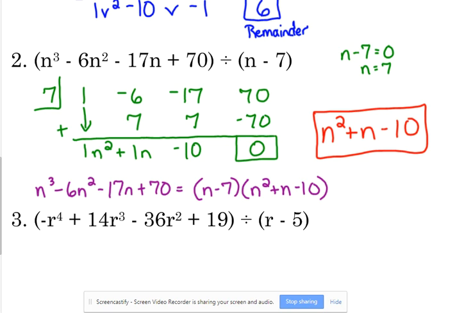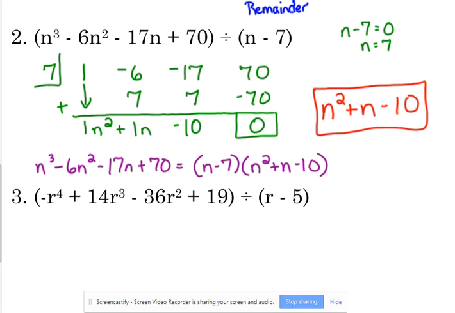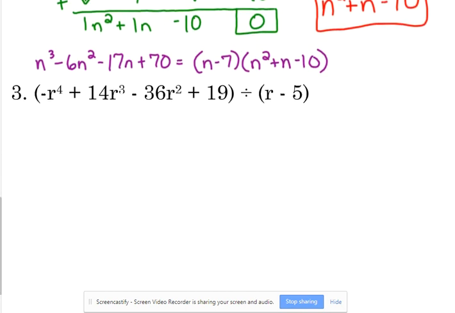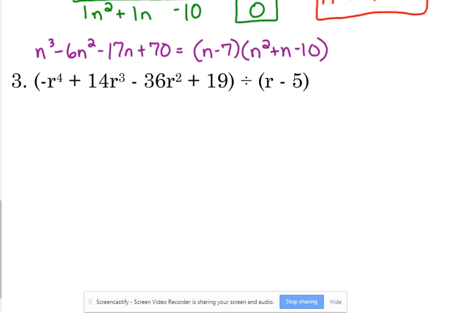So I think that's everything that I need to cover there. Okay, let's do one more just to make sure we've got it. r minus 5, so that means 5 goes on the shelf. Our leading coefficient is negative 1 this time, switching it up. So that was to the 4th.